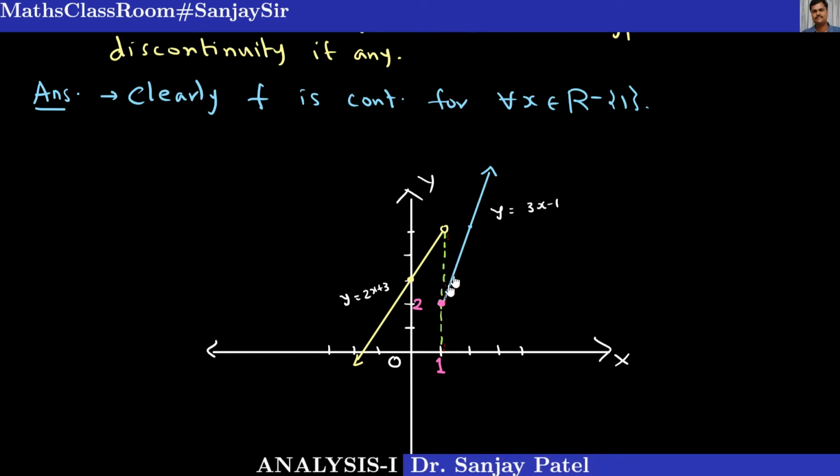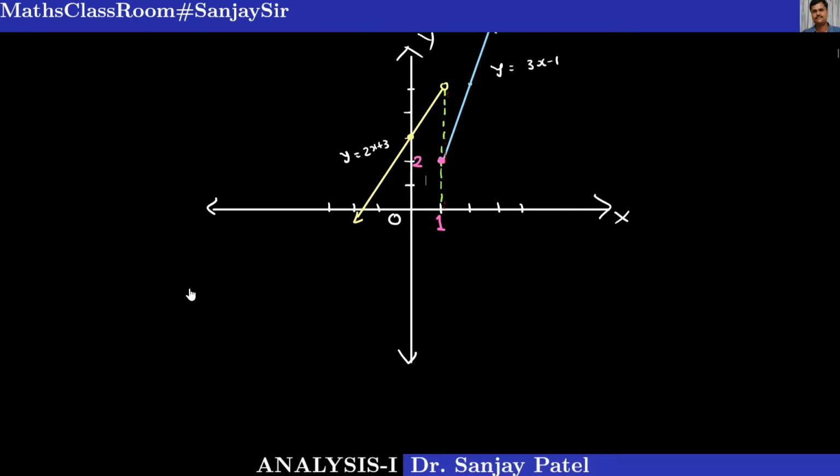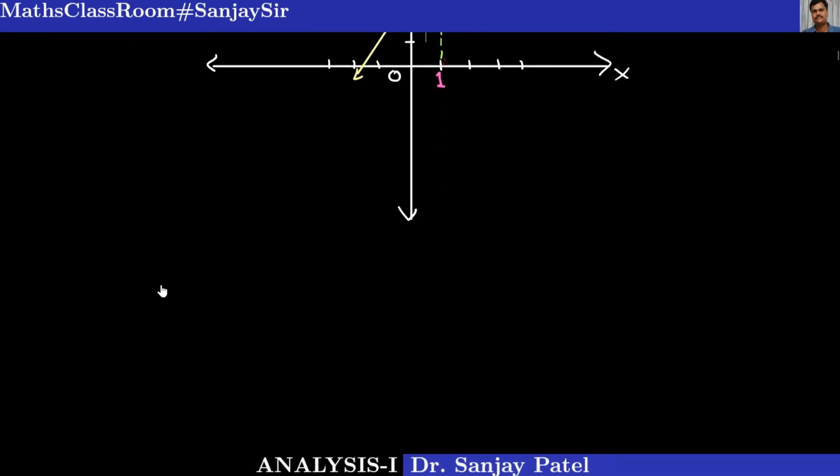Also, we can see from the graph that the function has a jump at the point 1, so it will definitely have jump discontinuity. Let us verify. What I will do is find the left limit and right limit at the point 1.